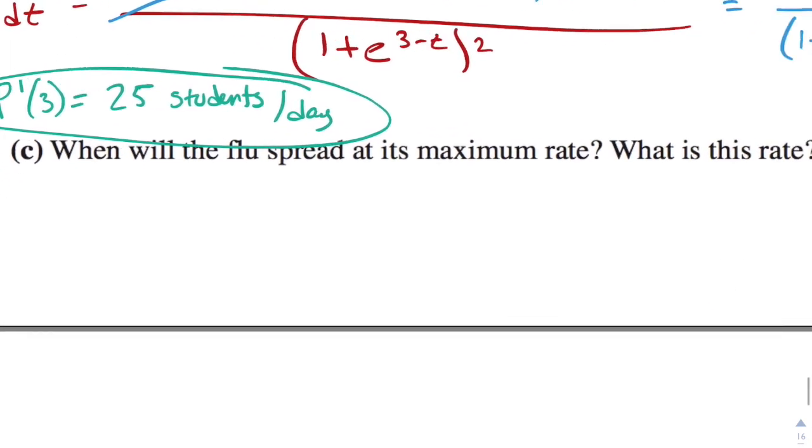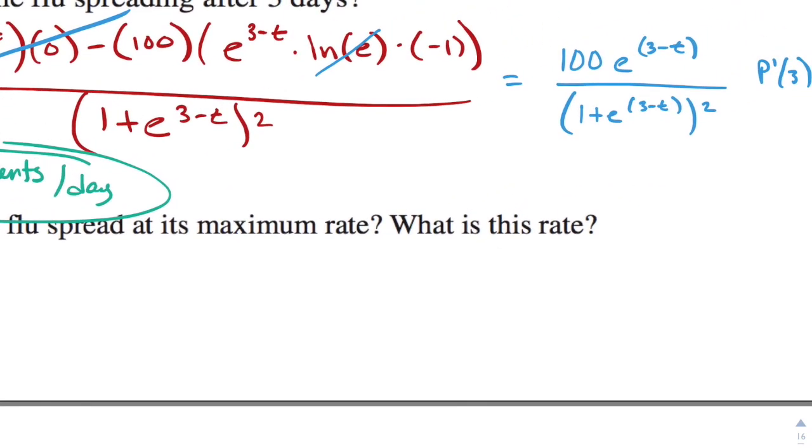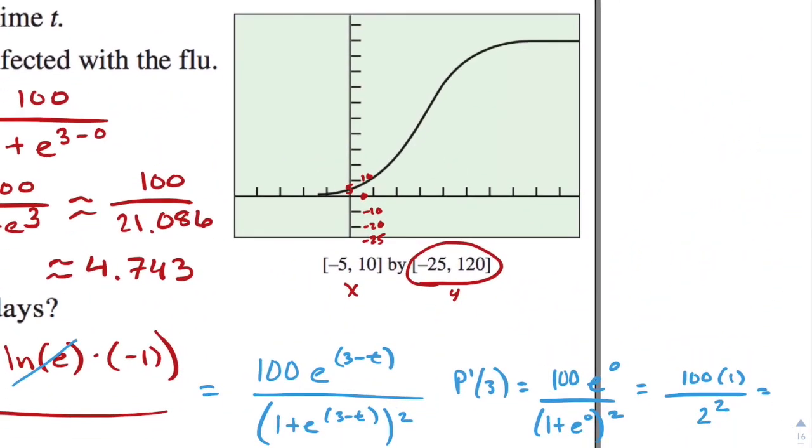Okay. When will the flu spread at its maximum rate? What is this rate? So we are looking for this right here. It looks like it's about 3. They found it by tracing.